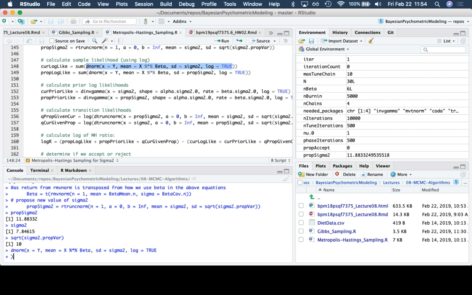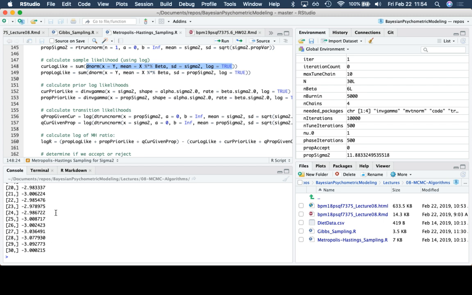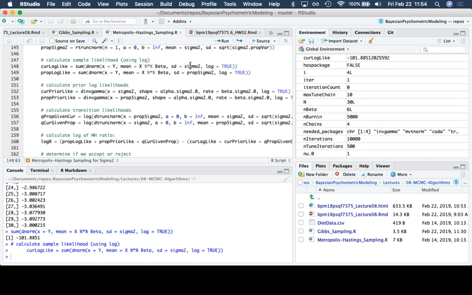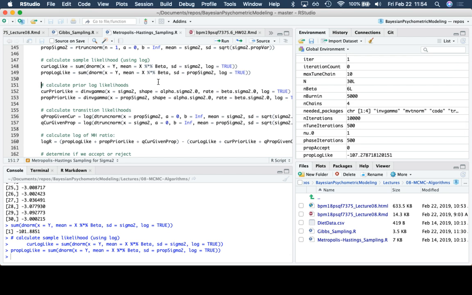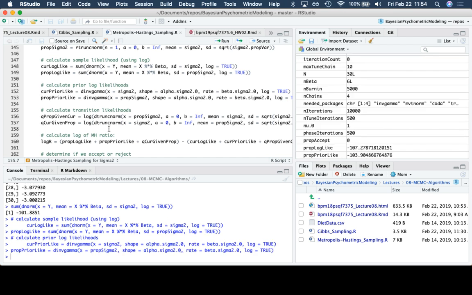So there's a log likelihood for all of our observations. Take the sum over that, and I've got our model likelihood. That's like our deviance, evaluated at our current value of the parameter. We do the same thing, but instead of sigma squared, we change it to proposal sigma squared. All right, we do the prior. We have inverse gamma for both, so for the current prior, we use the current sigma squared, and for the proposed prior, we use the proposed sigma squared.